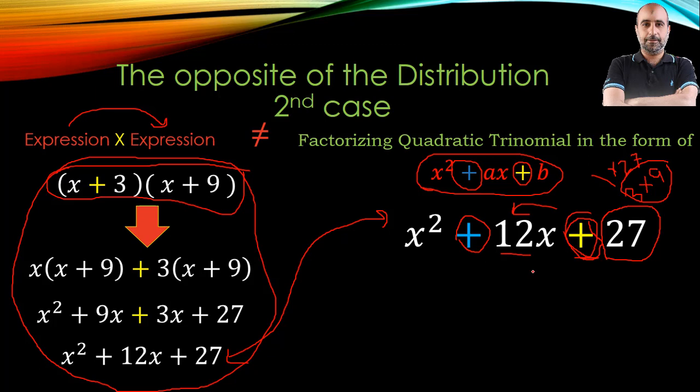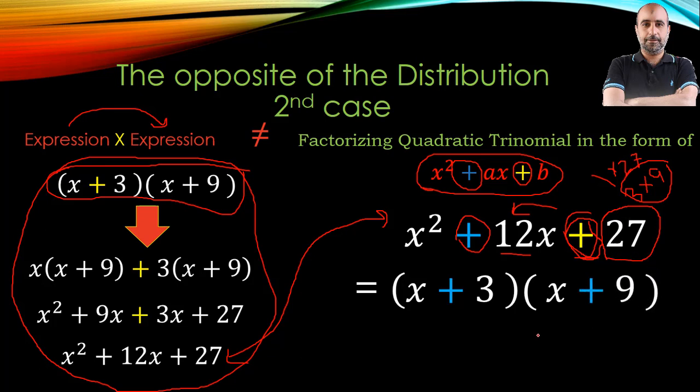Therefore, we will make the parentheses in this way. We will factorize x power 2 into x and x, and the absolute number 27 into 3 times 9.